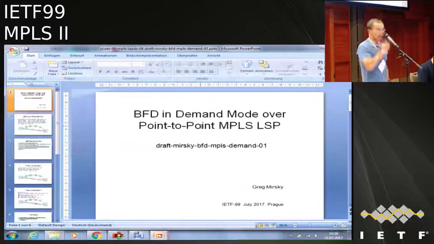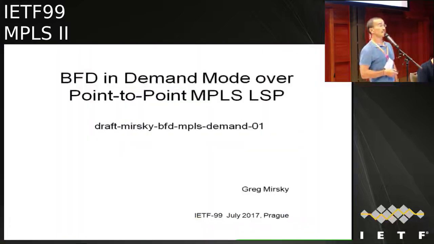Okay. So RFC 5880 introduced several modes for BFD. In RFC 5884 for MPLS LSP, only the use of asynchronous mode is defined, and that's been the case since we adopted RFC 5884. But there is a mode with very interesting properties, demand mode.